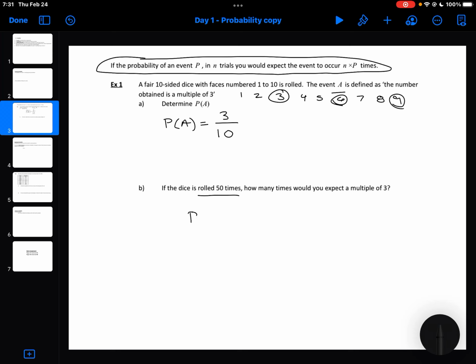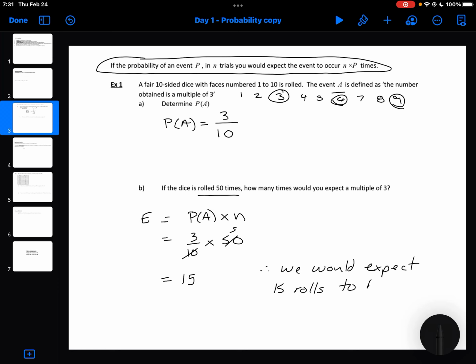So we have our probability times our N, which is our expected value, which we'll label as E. Our probability we know is 3 out of 10, and we multiply by 50 rolls, which gives us 15 times. Therefore, we would expect 15 rolls to be a multiple of 3.